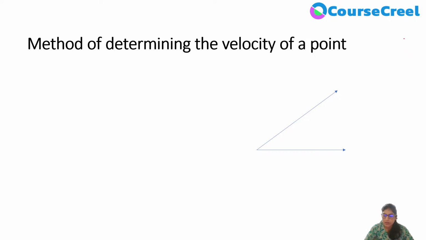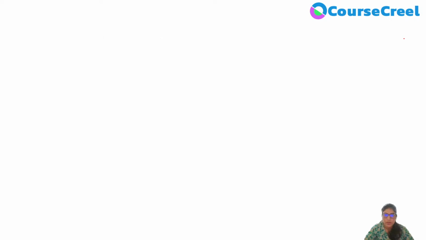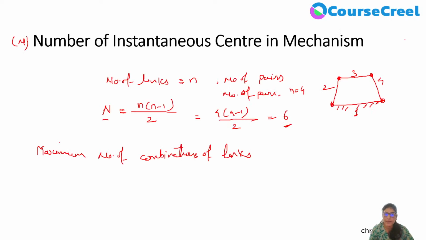So here, hope this thing is clear. So here, how we can define the number of instantaneous centers for the mechanism.